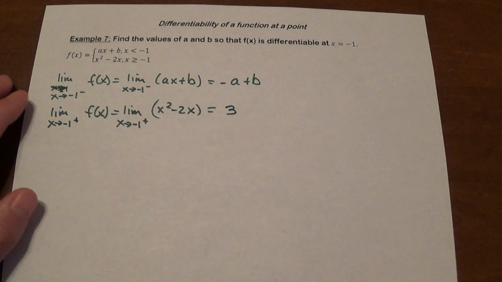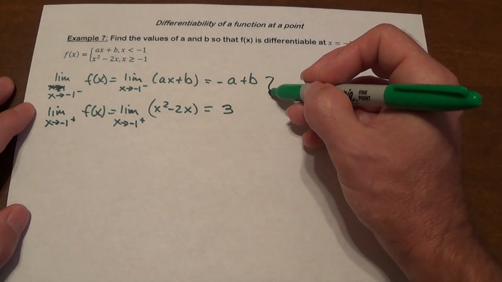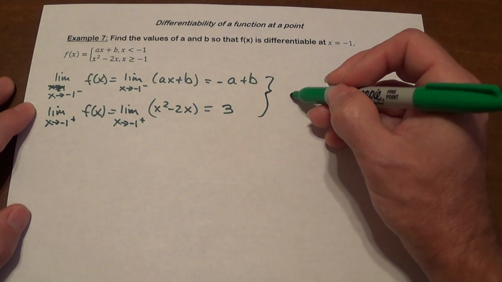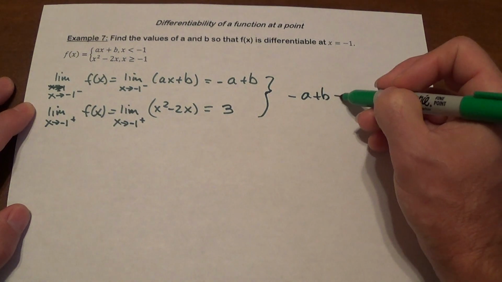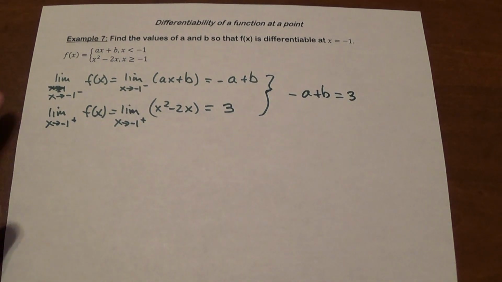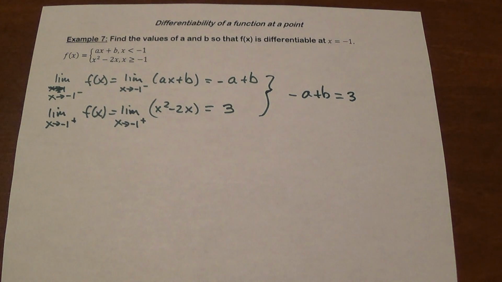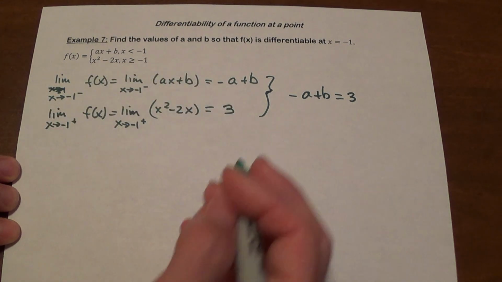So we want those two things equal, right, because we want the function to be continuous. So we know that negative a plus b has to equal 3. Okay, but obviously we're not going to have a unique solution here, so this was the continuity part.